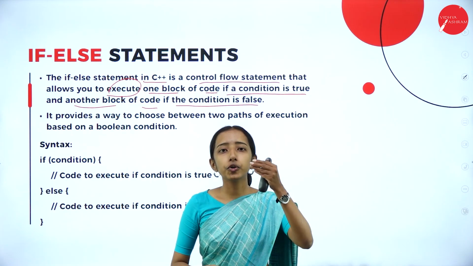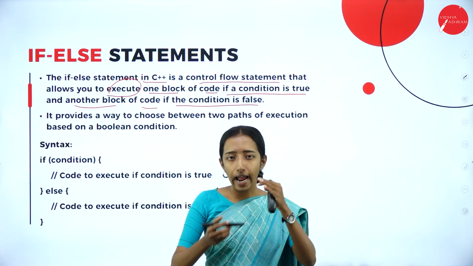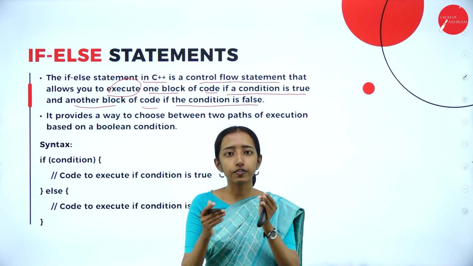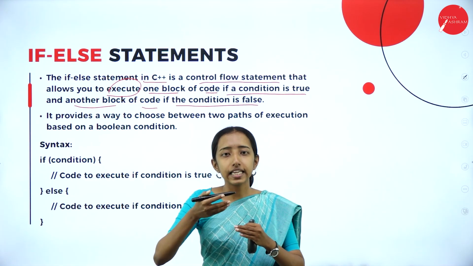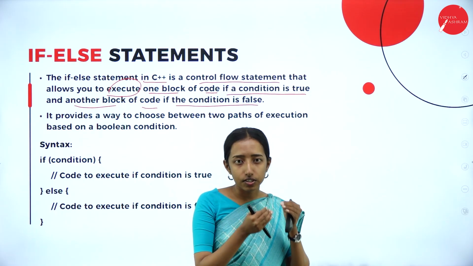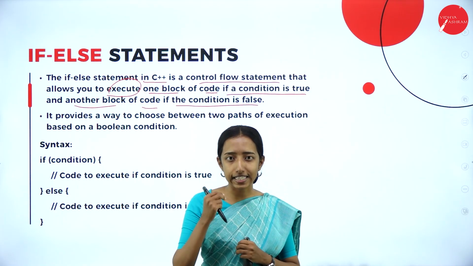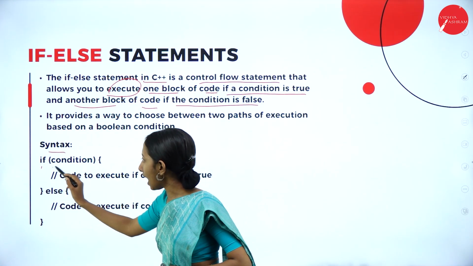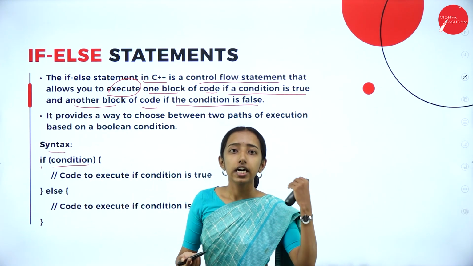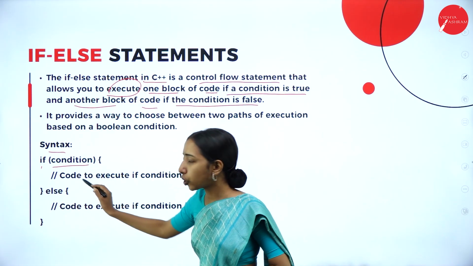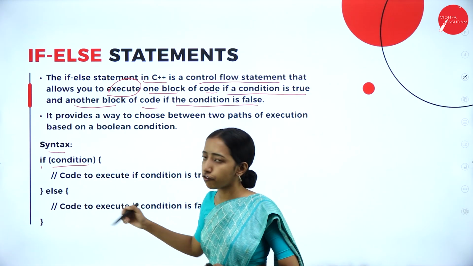So there will be two blocks, an if block and an else block. The if block gets executed if the condition is true, and the else part, as the name says, if the condition is false, the else part will execute. Here you can see the syntax. There will be a condition in the if statement, and else, and the code, the true part and the false part.